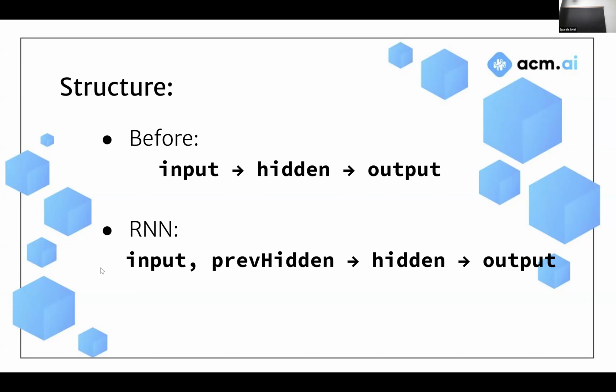RNNs have a slightly different structure to make use of the recurrence relation property we talked about just now, where you pass in not only your input, but also a layer from the previous iteration.